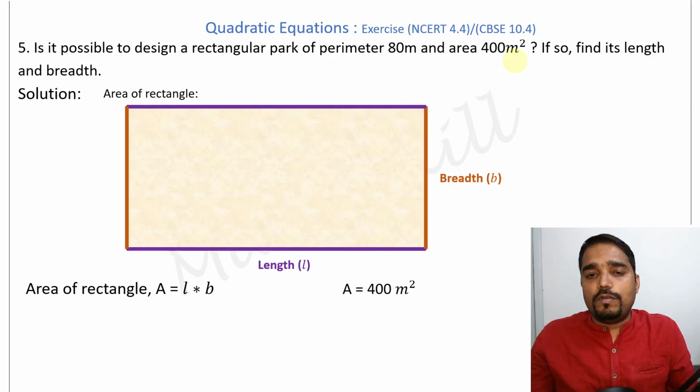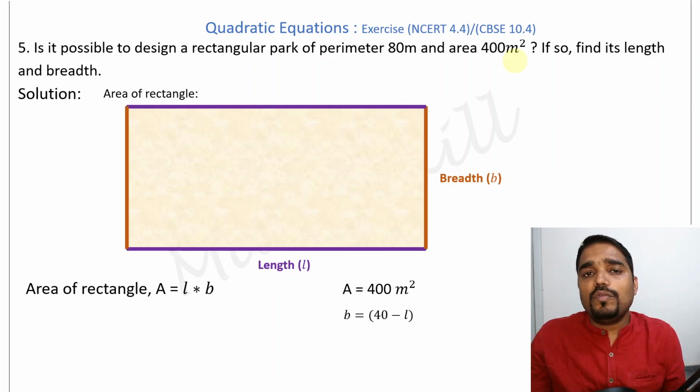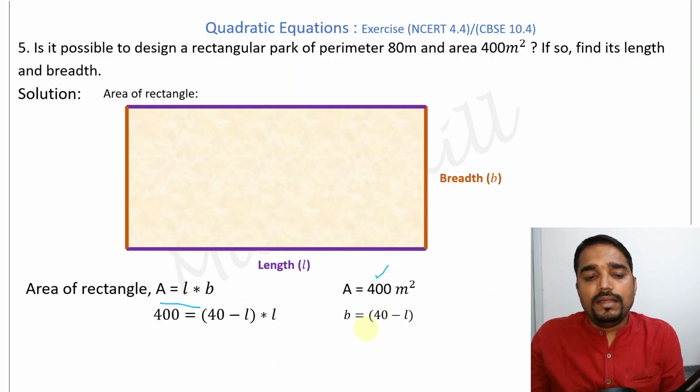Also, we have found length and breadth, one in terms of the other, that is B is equal to 40 minus L. Now let us substitute in the formula A as 400 meter square and B as 40 minus L. Therefore, we will get 400 is equal to (40 minus L) into L.